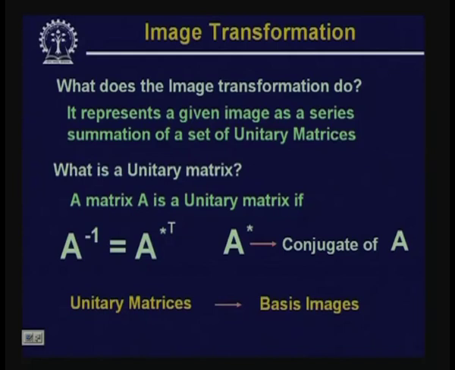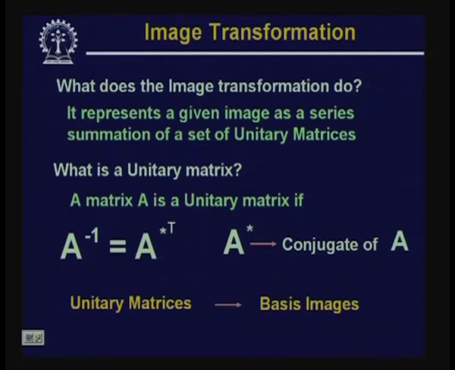A matrix A is said to be a unitary matrix if A inverse, or the inverse of A, is equal to A star transpose, where A star is the complex conjugate of A. So, a matrix A will be called a unitary matrix if the inverse of the matrix is the same as, first you take the conjugate of the matrix A, then take its transpose.